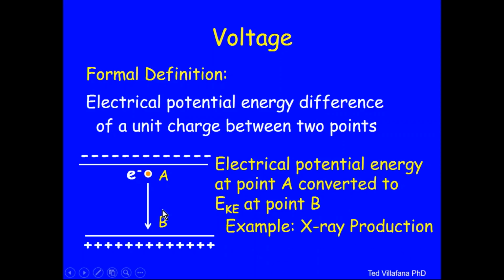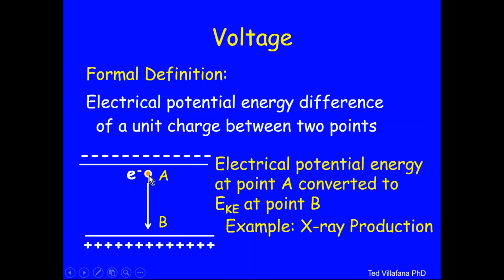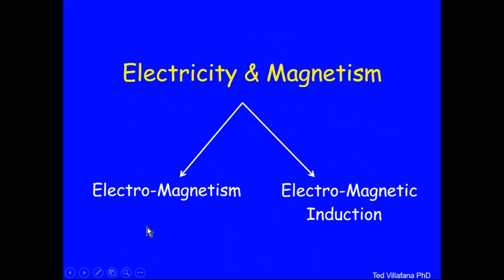And the example over here is very similar to what's going on with X-ray production, where you accelerate an electron and impart energy to it, and then harvest that energy in the form of X-rays.